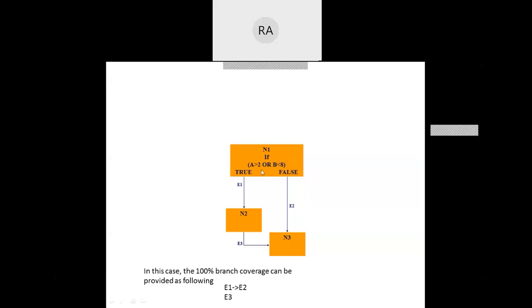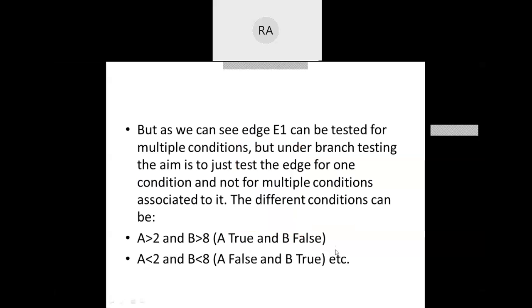No, it is false. Is 9 less than 8? No, false. So I can traverse from N1 to N3 via E2. In this case, 100% branch coverage can be provided via this traversal, E1 to E3 actually, not E2 here. It is E1 to E3.